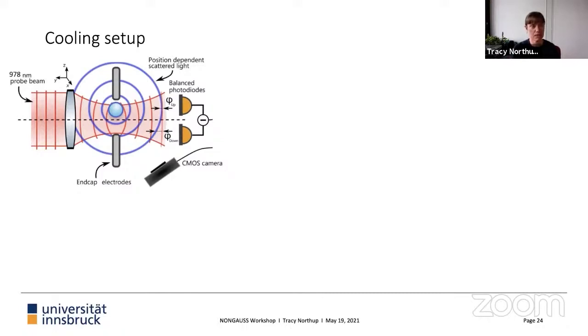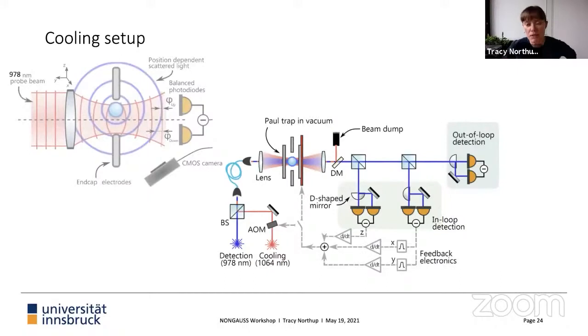So therefore, we're getting a position signal based on the difference of those two balanced photodiodes, and that's a signal in one direction. And we can duplicate that in 3 directions if we want. So here's a picture where now we see the whole image of the Paul trap in vacuum. And then what you see below, onto the right-hand side, is an output path of this Paul trap.